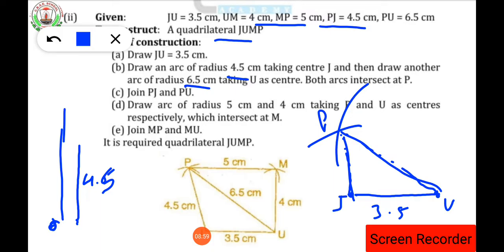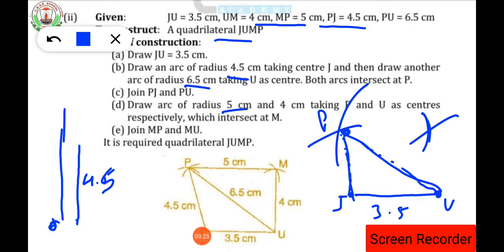Then after what you have to do, taking the radius 5 centimeter and P as a center, you have to draw another arc. Keeping the needle here, you have to draw another arc. Then after taking the radius 4 centimeter, draw another arc by keeping the needle at point U. First you have to keep the needle at point P with the radius 5 centimeter.